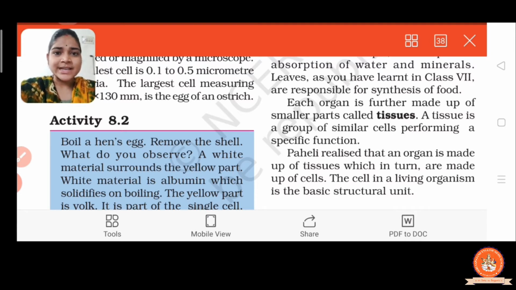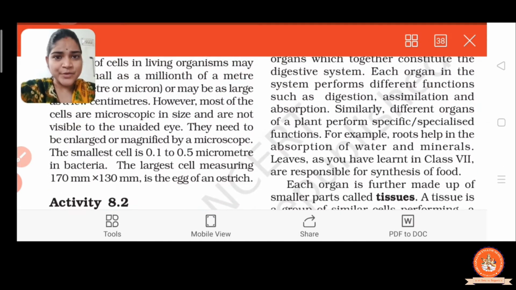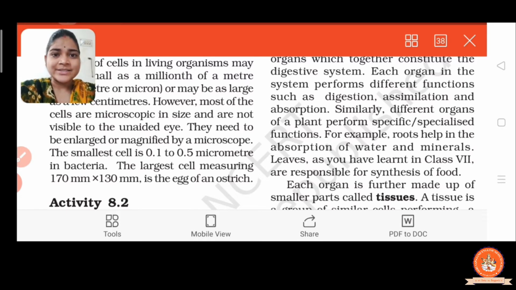So students, in our previous session, part 2, we discussed the number of cells, size of cells and the shape of cells. Again recall that there are two types of cell, that is single-celled and multicellular, the single cellular organism and the multicellular organism.